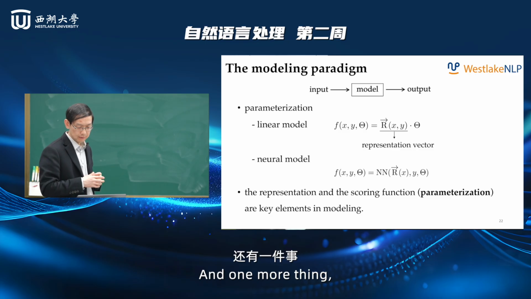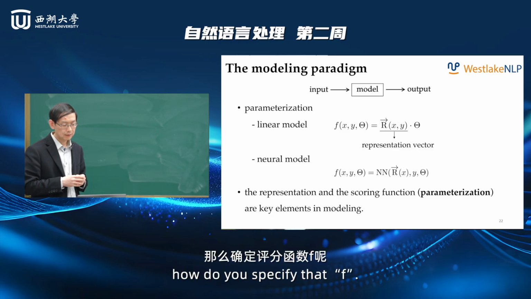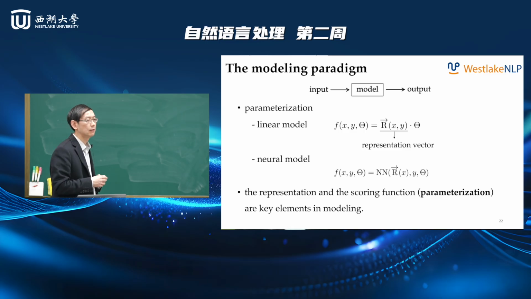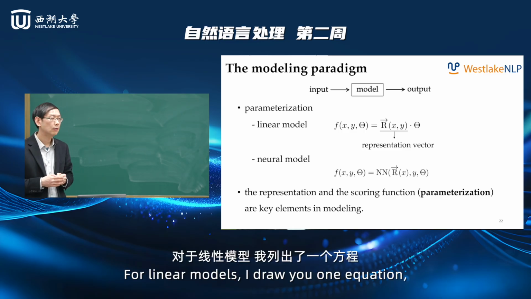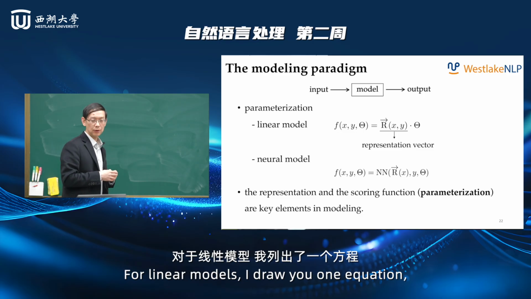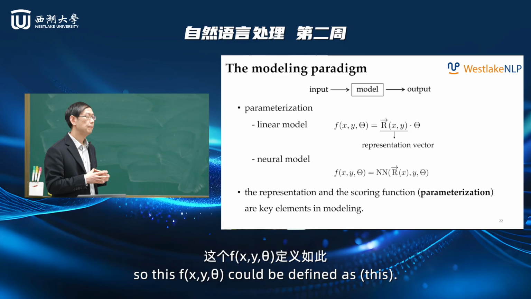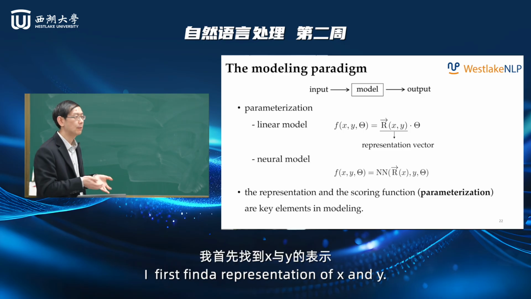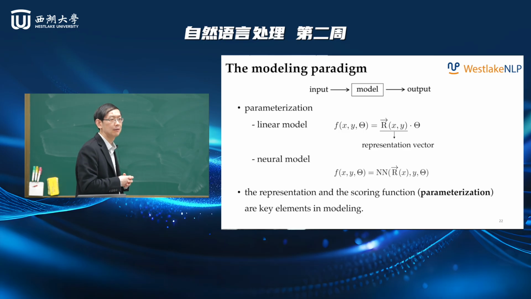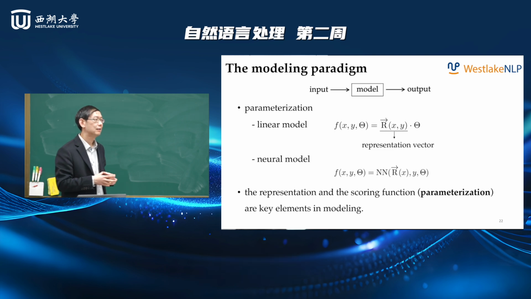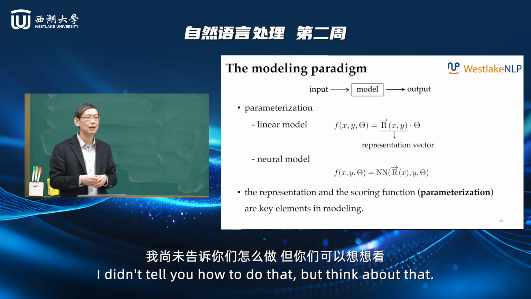And one more thing. How do you specify that f? Well, for linear models, I draw you one equation. This f(x, y, theta) could be defined as, I first find a representation of x and y. I turn x, y into a vector. I didn't tell you how to do that, but think about that.